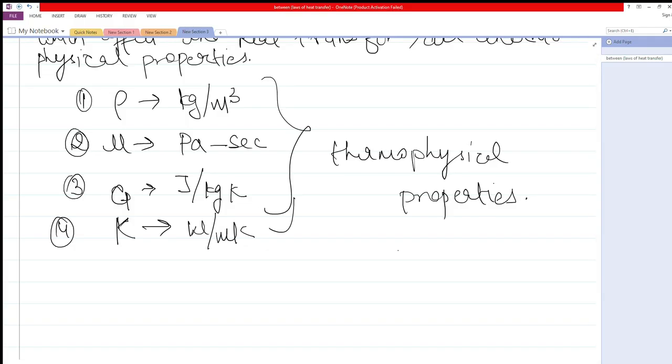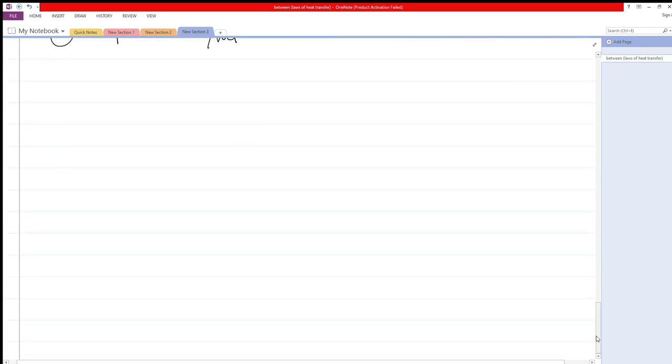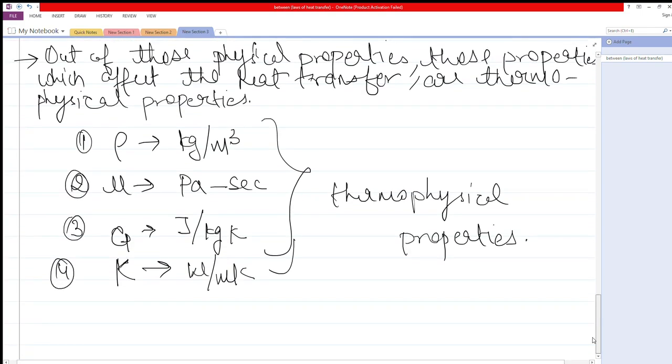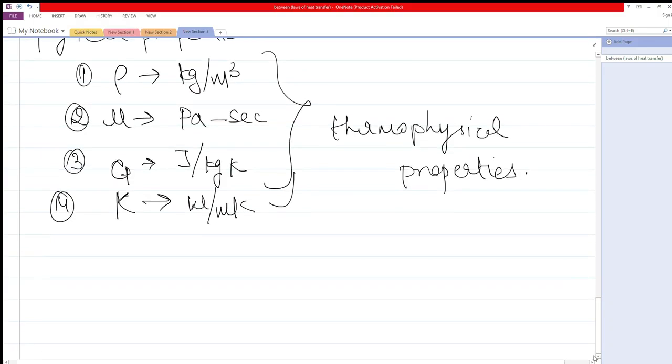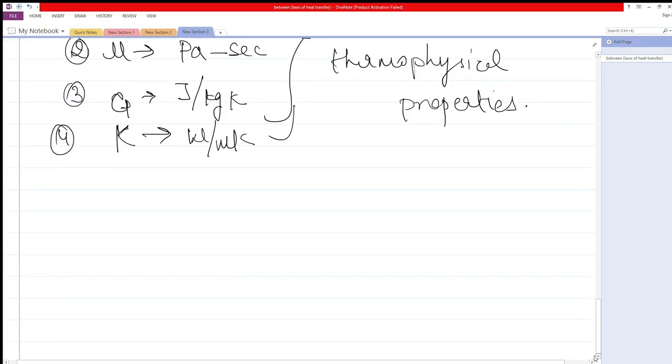h depends upon these thermophysical properties. Since h is a convection heat transfer coefficient, it depends on whether the convection is caused forcefully by an external agency or it is a free convection. Therefore, the convection heat transfer coefficient will also depend upon the type of convection.